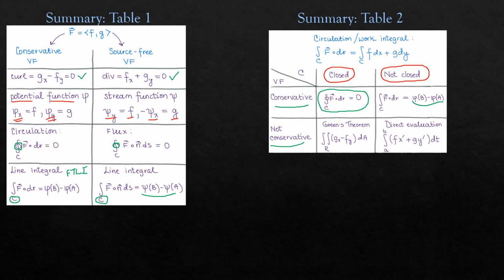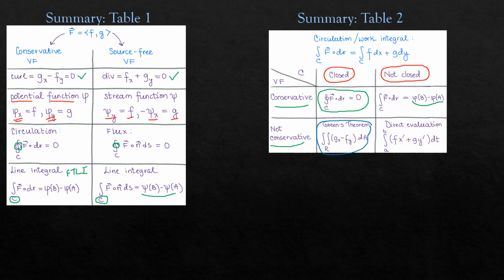So a is the starting point, b is the terminal point. All right, and then if a vector field is not conservative, but the curve is closed, then we apply Green's theorem. Okay, so here's your application here.